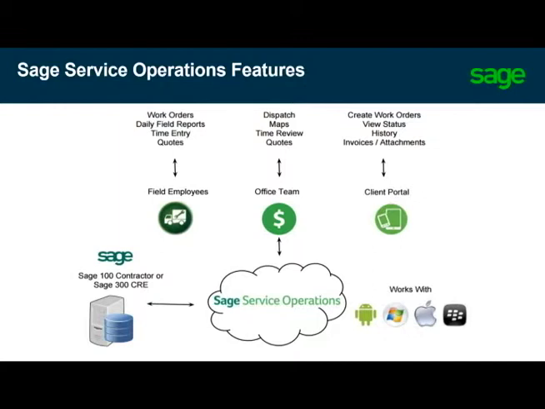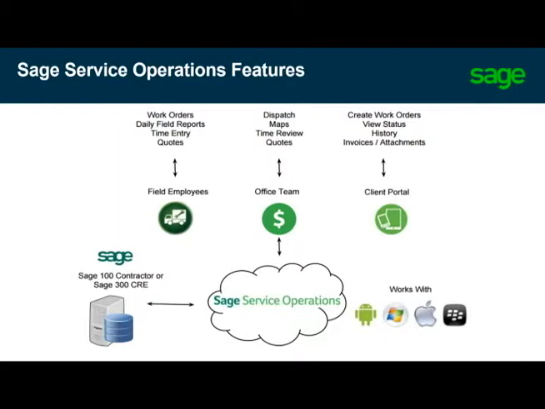But by harnessing the power of the cloud or the internet, Sage Service Operations is able to read and write work order-related information directly from the field back into your mobile device. So your users simply need to log in to the website via browser, whether that be on a phone, tablet, or laptop, and access work order related information in real time.